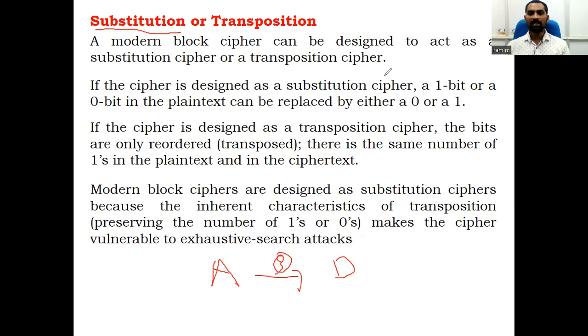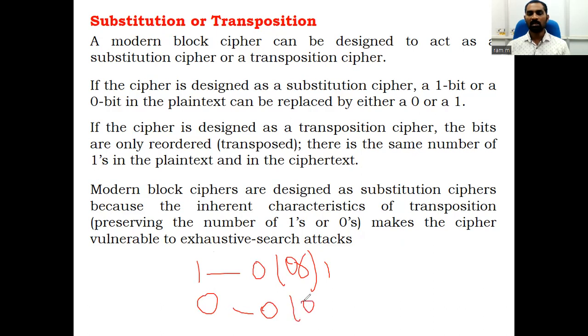So in the substitution cipher, a 1 bit can be replaced by either 0 or 1, and similarly a 0 bit can be replaced by either 0 or 1. Here we are simply replacing the value.